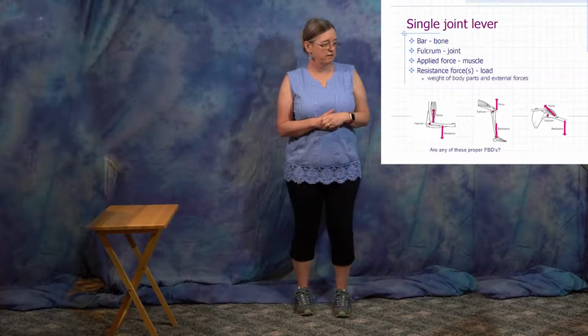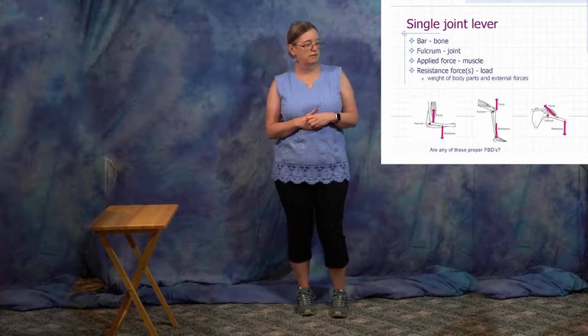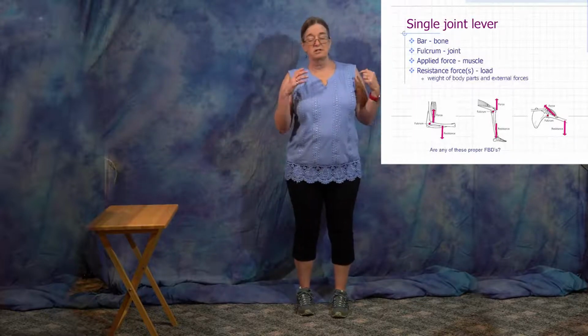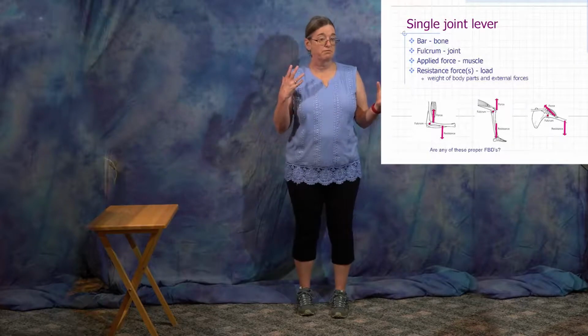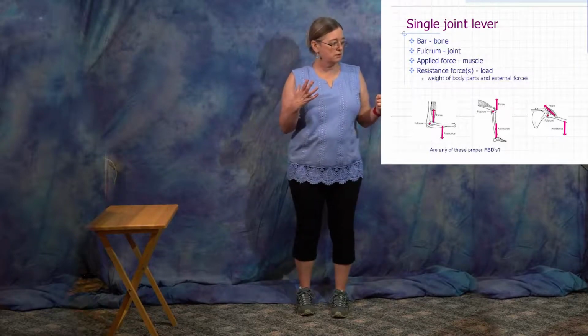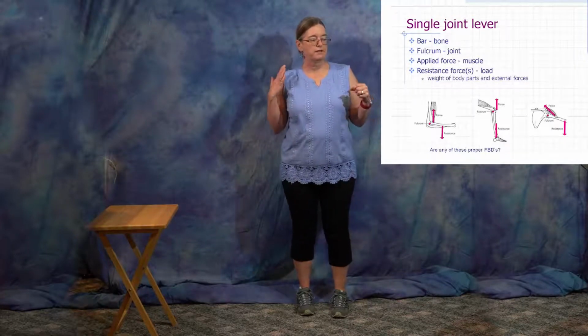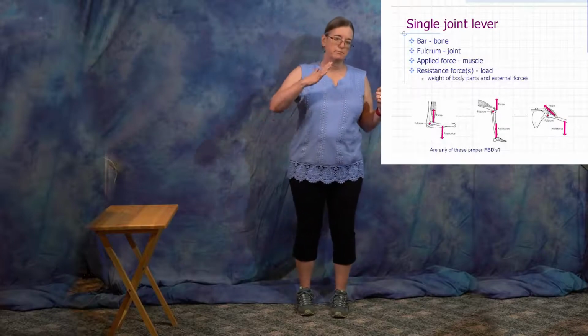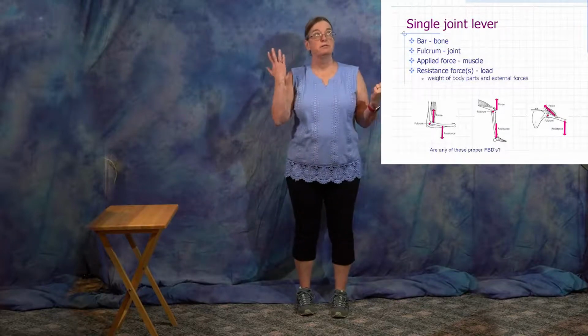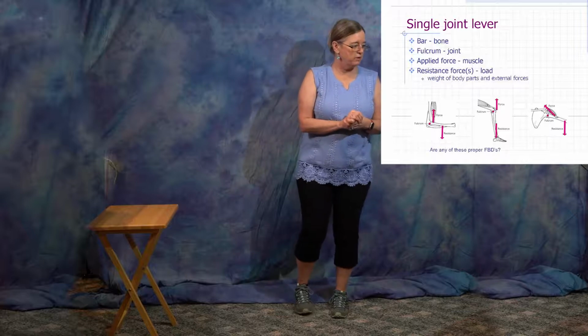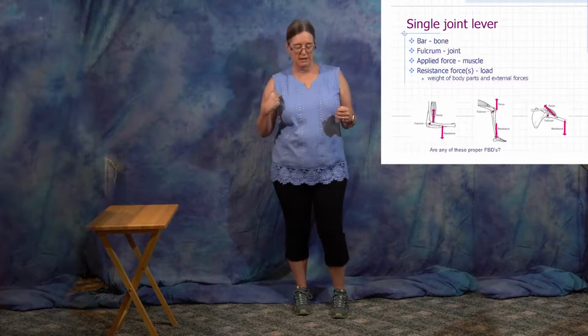And in the last case, you can see the fulcrum, which is the center of rotation of the glenohumeral joint, and you have the muscle pulling, medial deltoid, and you have the weight of the upper arm.